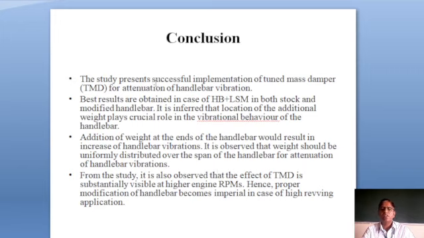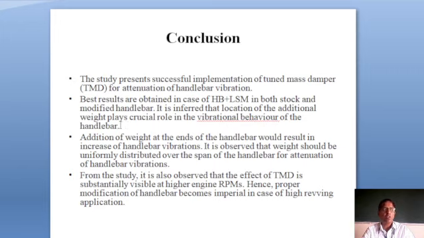The study presents the successful implementation of a tuned mass damper for attenuation of handlebar vibrations. Best results are obtained in case of bar ends plus lever switch and mirror in both stock and modified handlebar. It is inferred that the location of the additional weight plays a crucial role in the vibrational behavior of the handlebar.